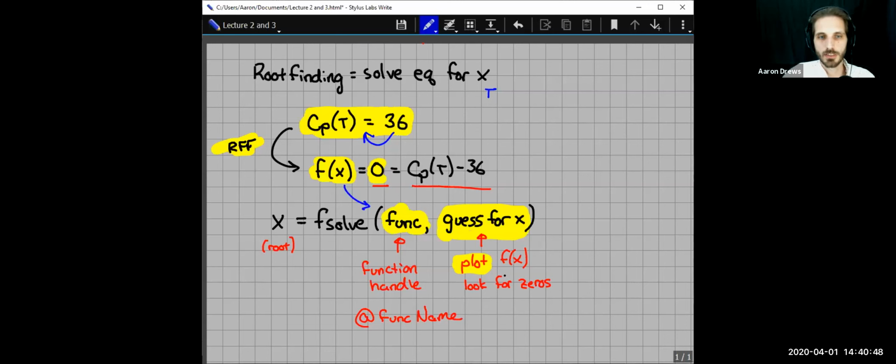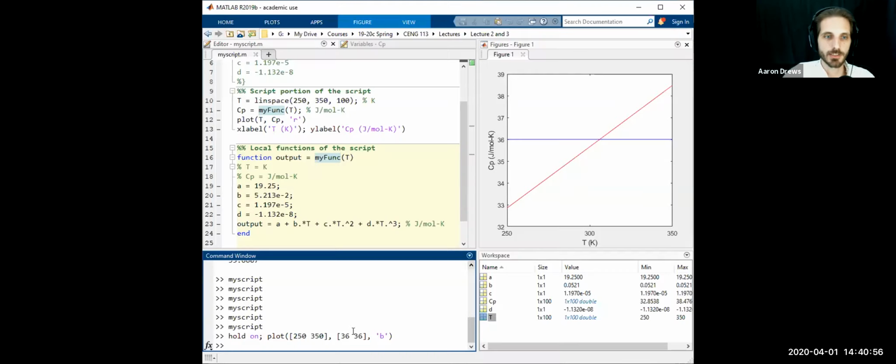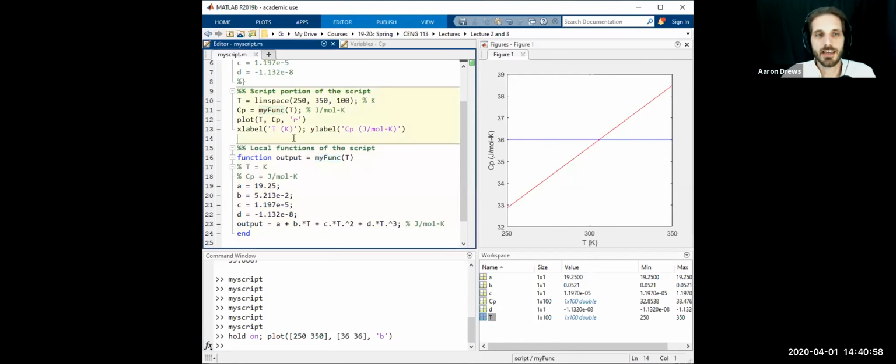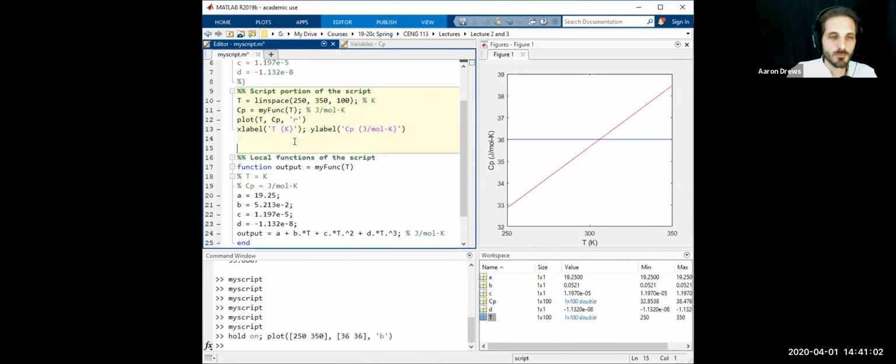So if I'm going to take this fsolve syntax and put it right into Matlab, I'm going to switch over to Matlab right here. If I wanted to add this to my script up here, T solution, I'm going to name it something different because I don't like to recycle names. T solution is equal to fsolve.